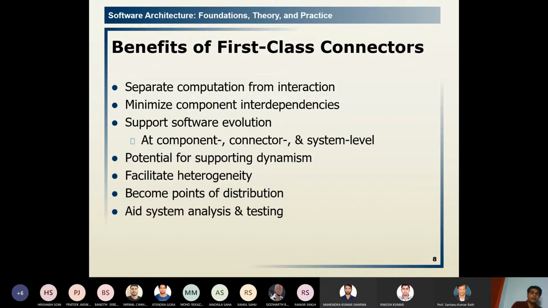Other clients can interact through a particular connector, from which the connector will transfer control to the backend of the database. It aids system analysis and testing. It is very important for system analysis and system testing, which benefit most from first class connectors.